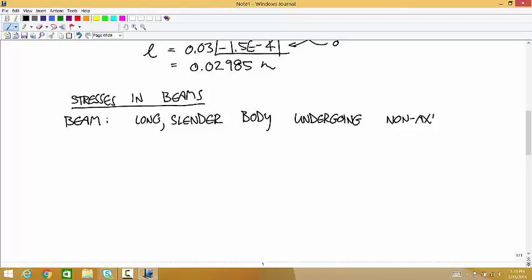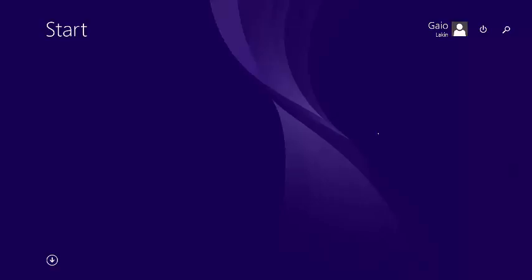It can also be undergoing axial loading, but there has to be some part of the load that's acting non-axially. So you can have axial loading, that's allowed, but there has to be something else going on.